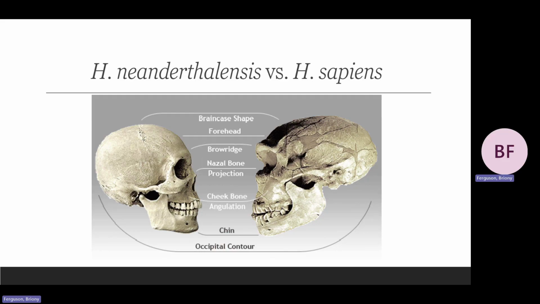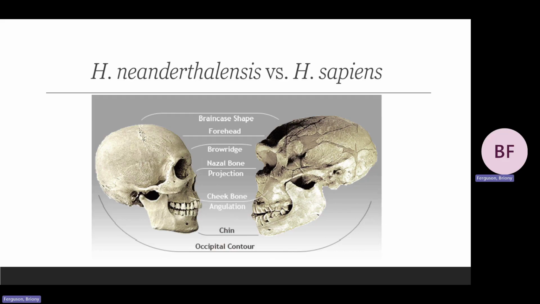We also know that they used fire, they had very complicated tool sets. They took care of the sick and the old. They also had more ritualistic burial practices. They made jewelry, they painted things, they made different forms of art.